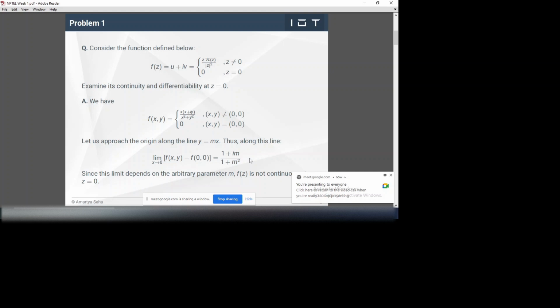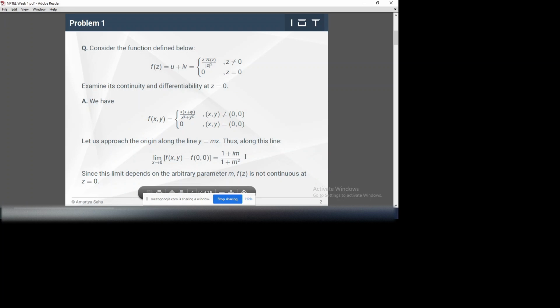If it were to be a true limit and a truly continuous function, then this f(x,y) minus f(0,0) would have to be independent of this arbitrary parameter m, but here it is not the case. We get a limit that is dependent on the path.